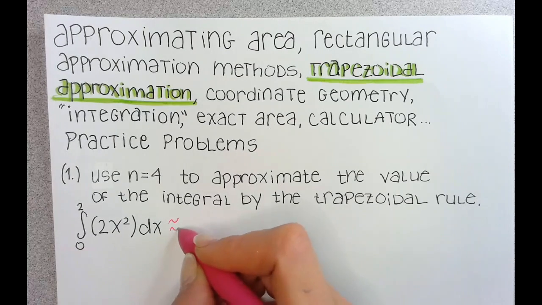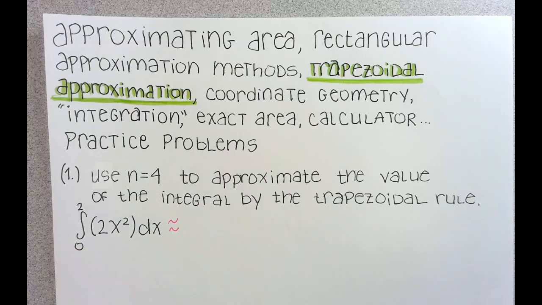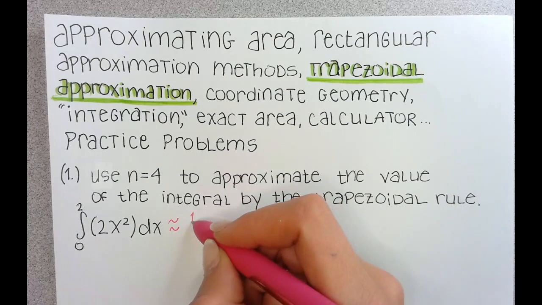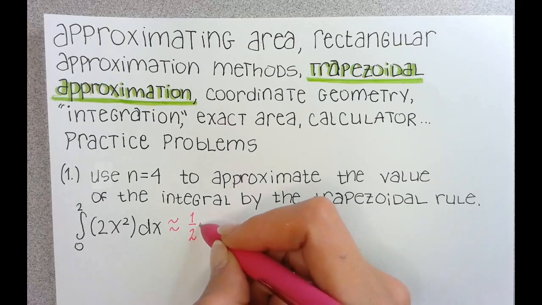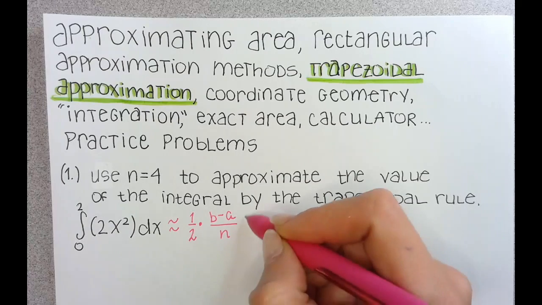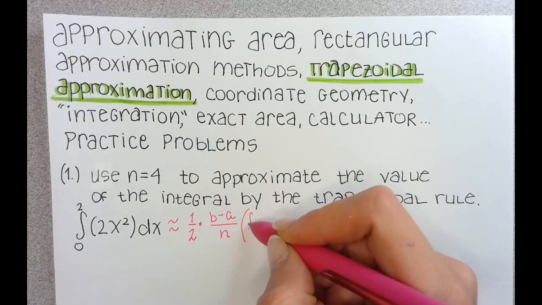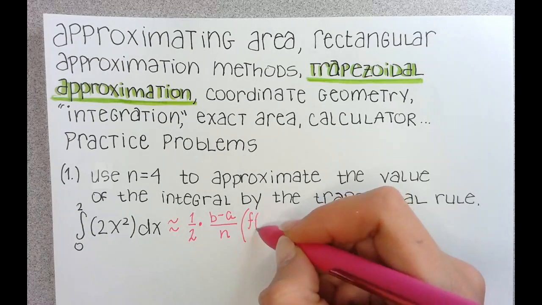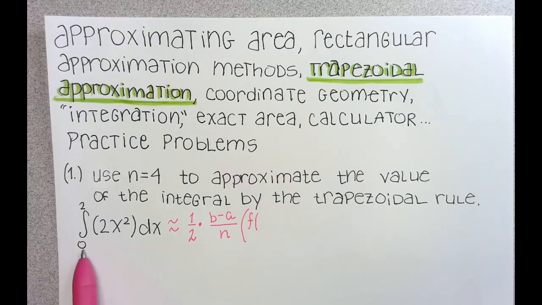And this is approximating area, so I'm not going to use an equal sign, I'm going to use an approximation. Out front, if you know the formula by heart, there is a 1/2 out front. There is also b minus a over n out front. Then there is an f of 0 for the first term.